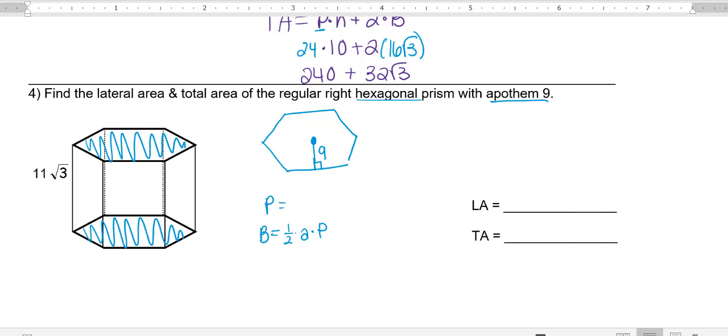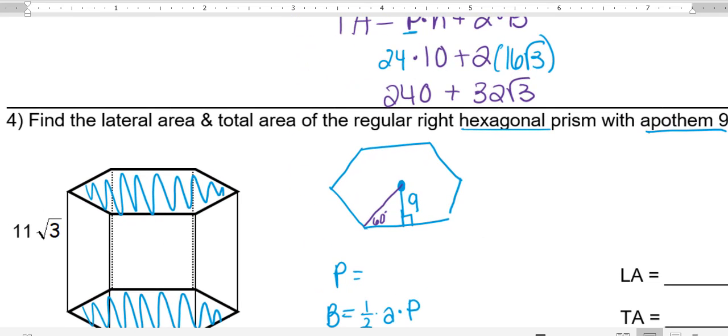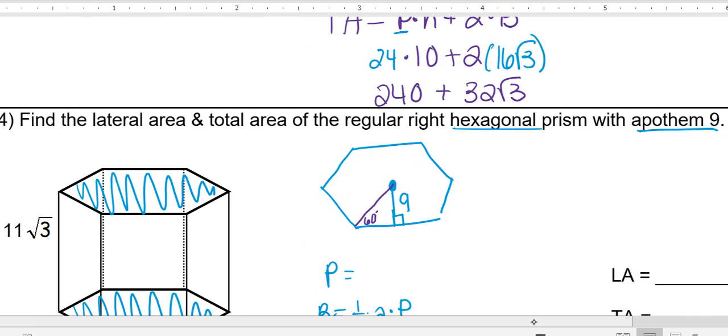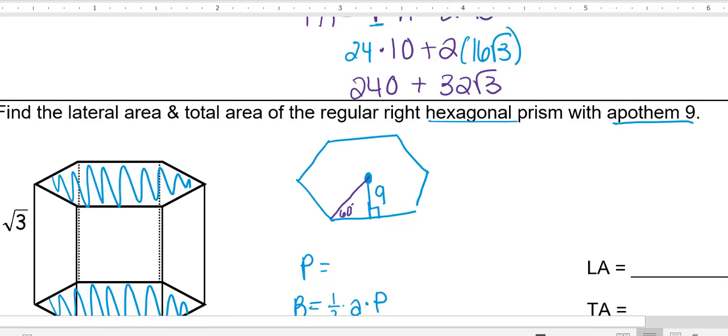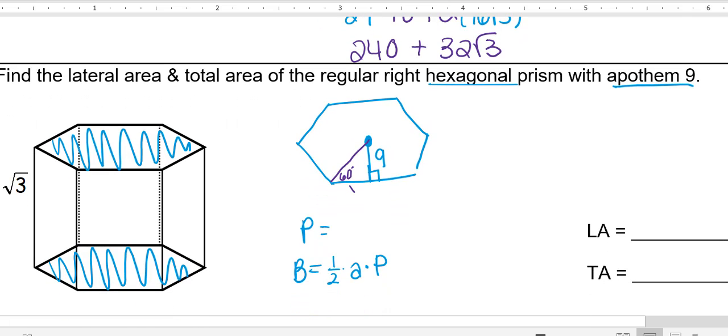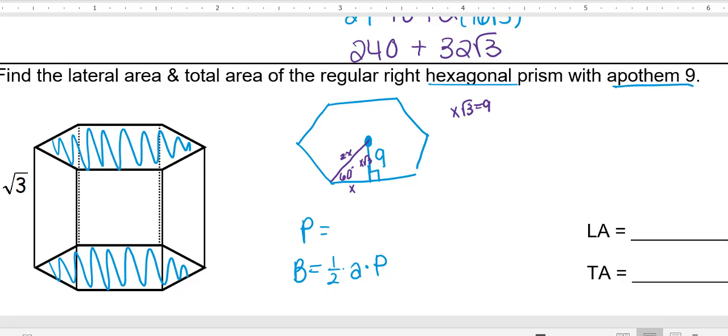Let's create the radius of that hexagon. In our hexagon, we have that 60-degree angle measure in that corner, so we can apply our 30, 60, 90 knowledge. I'm going to zoom in a little bit. So we have our x root 3, 2x. So I'm going to set that x root 3 equal to 9.